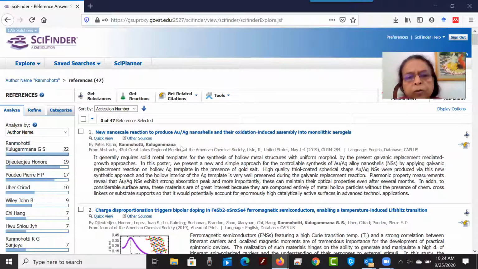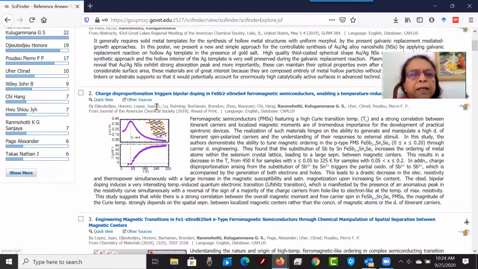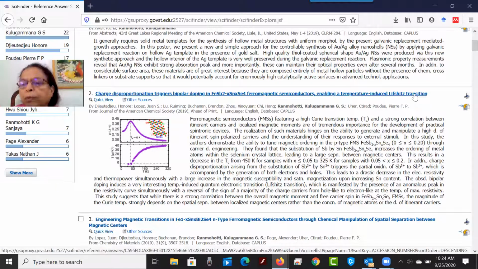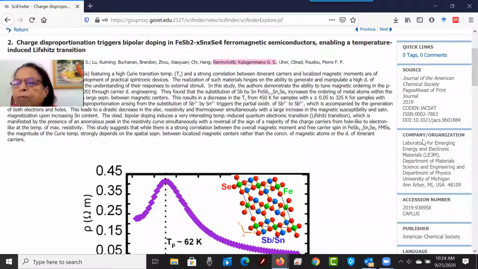With just Ranmahote Kuluga Mana, and the others are, if I looked at this one, this is not him, because you know how I know that? I'm going to look at this one and I'll show you how to look at it. See, it tells you company organization. I know he hasn't been at the University of Michigan, so this couldn't be him unless he collaborated with this institution.